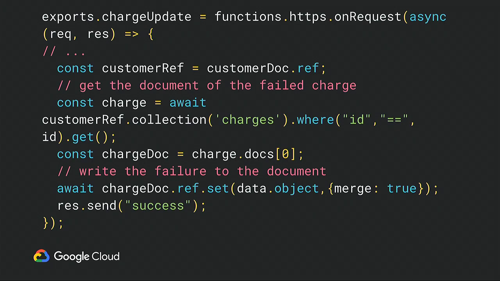So in that path, set all of the data that just came from Stripe, and again, merge true, so we have the previous information about the charge, and then any updates, like the fact that maybe it just failed. We also send a response back to Stripe because they are expecting to know that something was successful. So you can imagine that this could be very useful. You could have a specific endpoint for all sorts of events that happen.